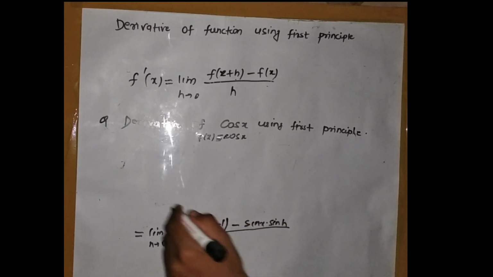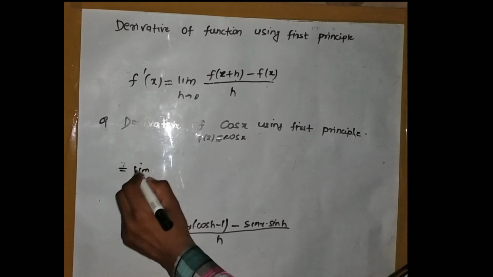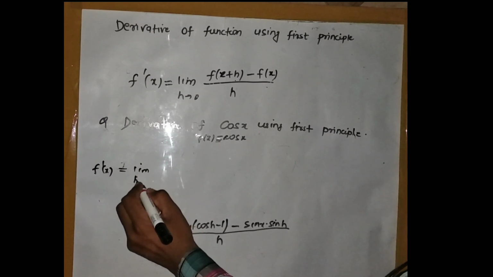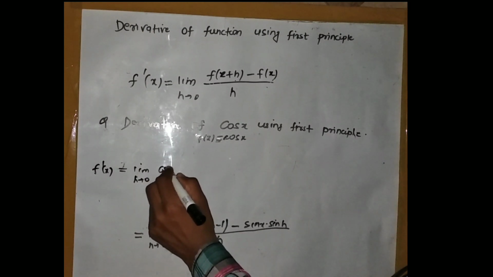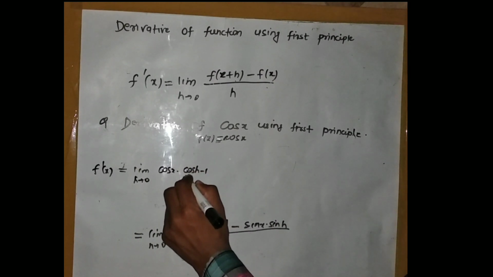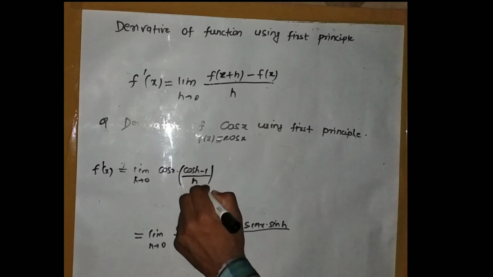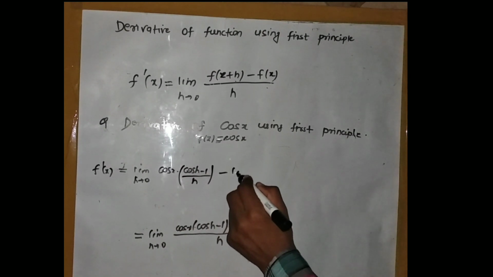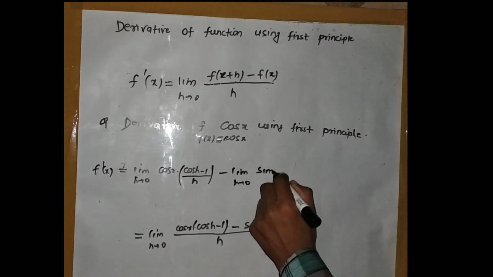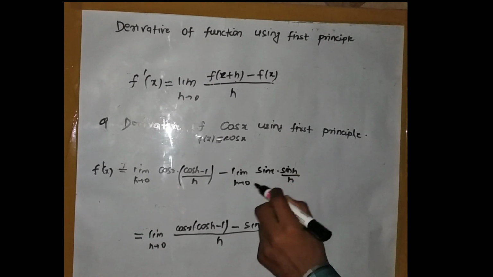So f dash x equal to limit h tends to 0 cos x into cos h minus 1 by h, minus limit h tends to 0 sin x into sin h by h.